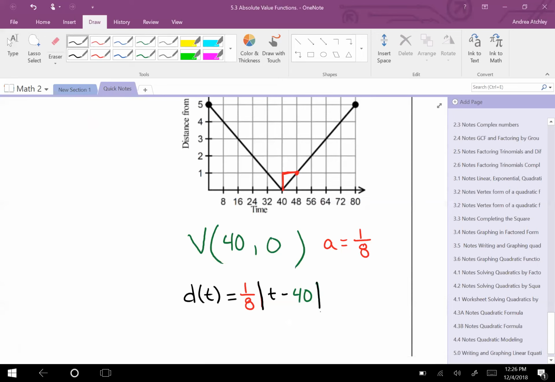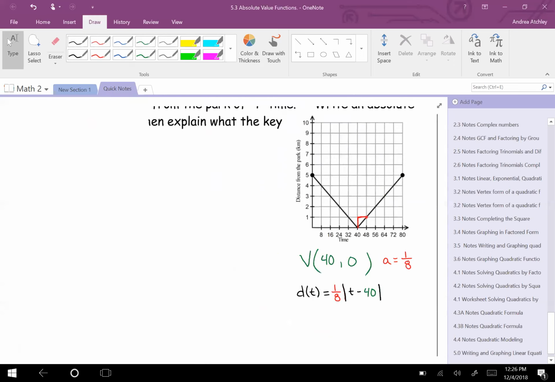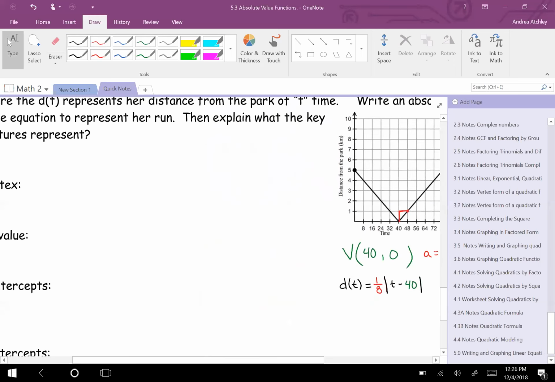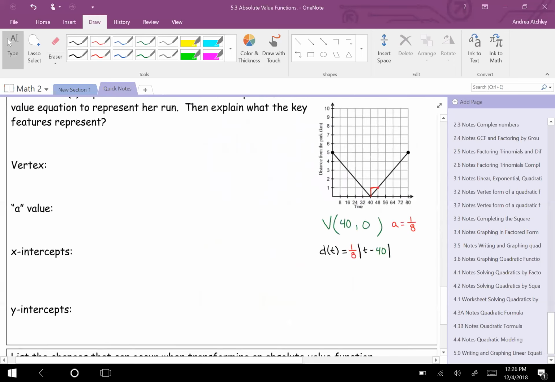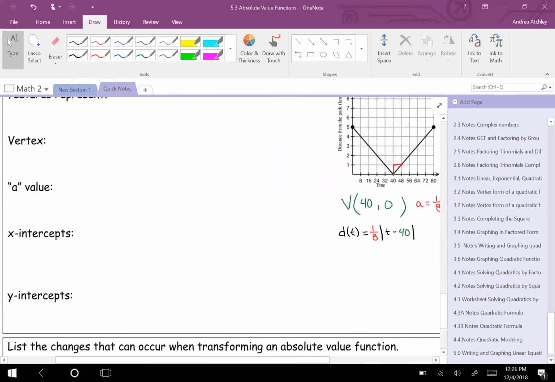So that's the equation. Now we just need to see what all that means. In relation to Jill running to and from the park, what does the vertex tell me? 40, 0. What is this right here?